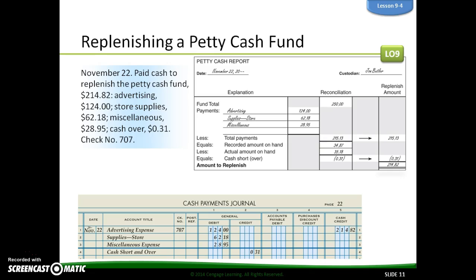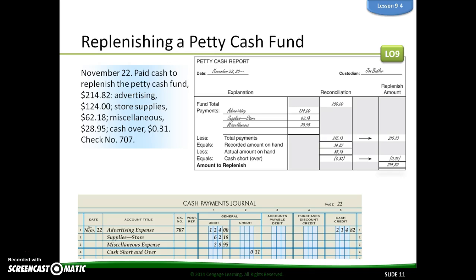So I'm going to complete that petty cash report where originally I had $250. I've got all kinds of activities that total $215.13. And when I actually add up the amount of cash in my petty cash box, I'm over by 31 cents. So when I look at what's going on in my cash payments journal, I'm going to debit advertising expense, supplies, and miscellaneous, and then I'm going to credit my cash over and short account.